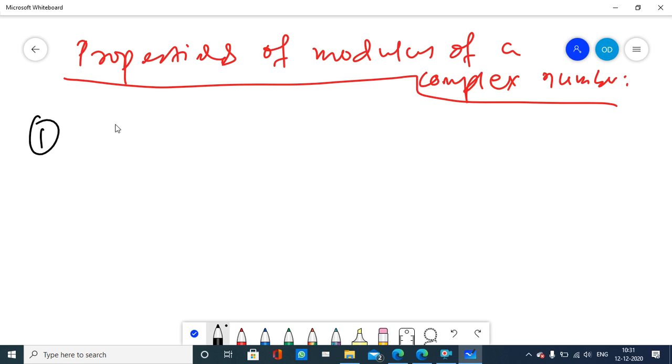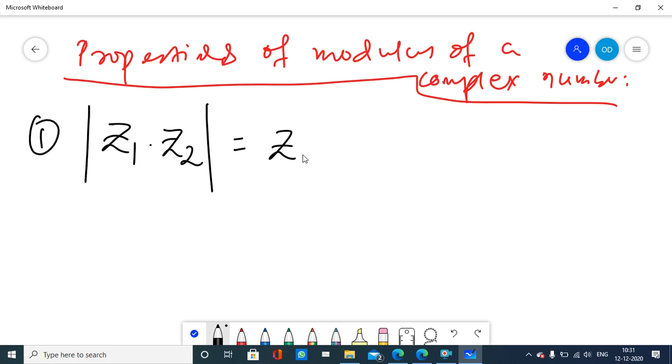The first property of the modulus of a complex number: if Z1 and Z2 are two complex numbers, we multiply them, then we get another complex number, and if you take the modulus of their product, this is the same as taking the product of the moduli of the individual complex numbers.